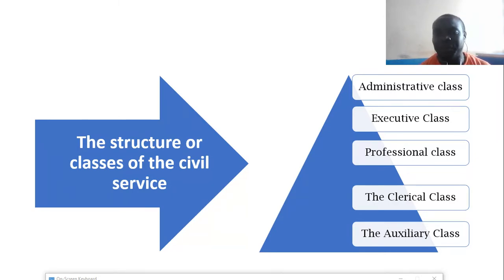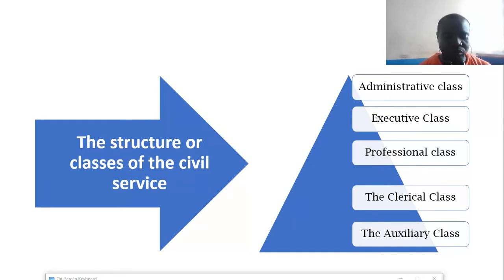For anyone to be recruited into this class, the person must obtain a university degree certificate or its equivalent, like the higher national diploma. Not just that, there must be a written and competitive examination conducted by the body in charge of civil service, known as the Civil Service Commission.